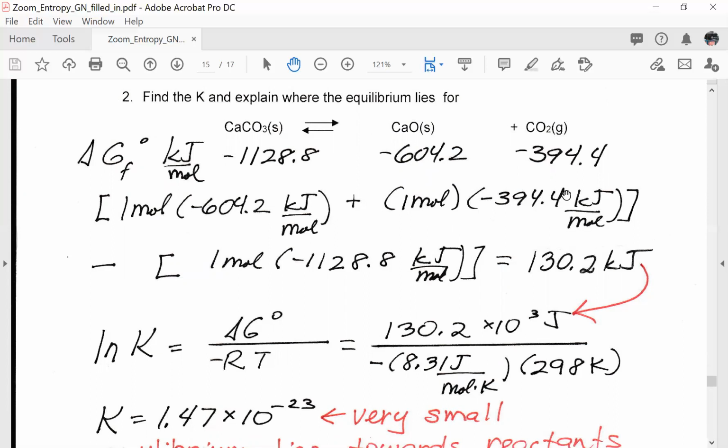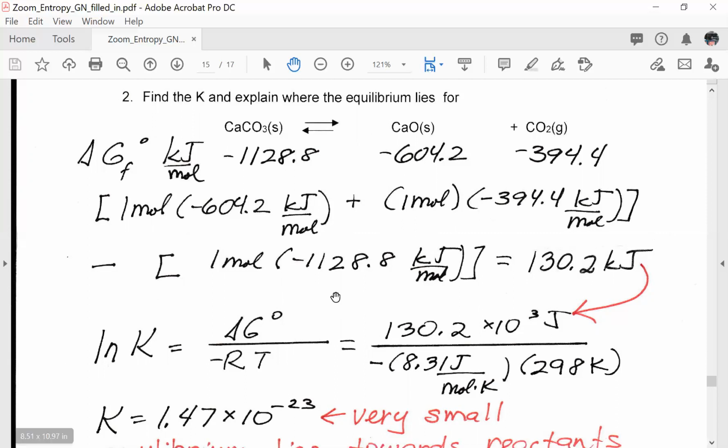So we're going to do products minus reactants here. So go ahead and copy that down. When you do the math, you get 130.2 kilojoules.